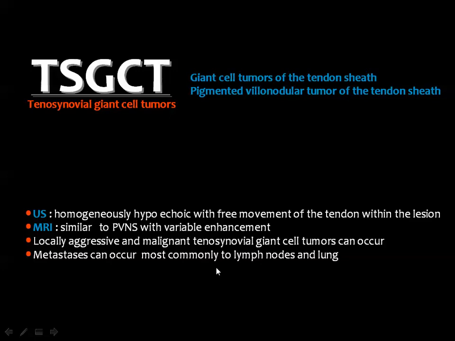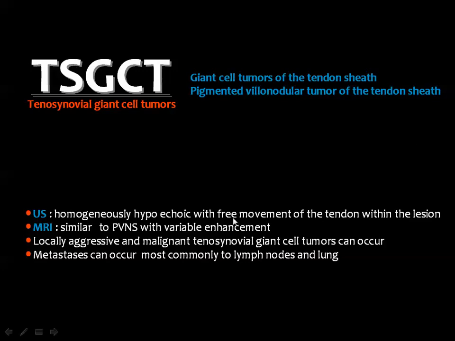Ultrasound will show a homogeneously hypoechoic lesion with a free movement of the tendon within the lesion. An MRI will show findings similar to pigmented villonodular synovitis, which include in T1 intermediate signal, T2 dark signal, and some increase in the signal in the STIR images, as I will mention.